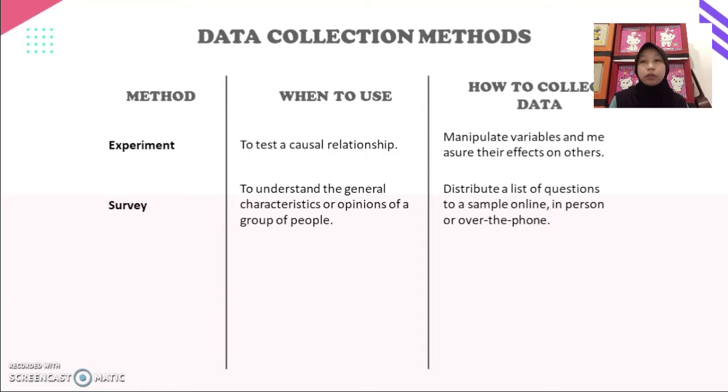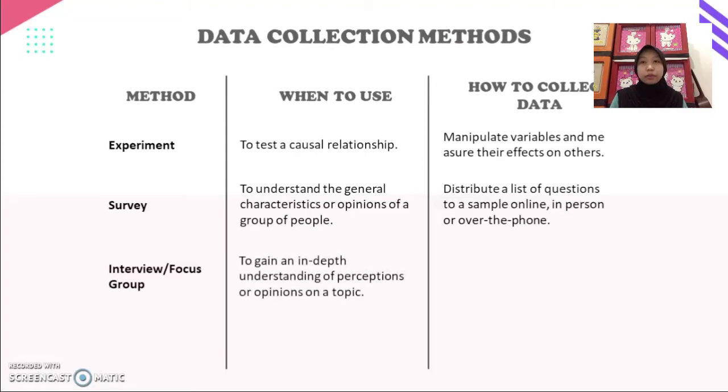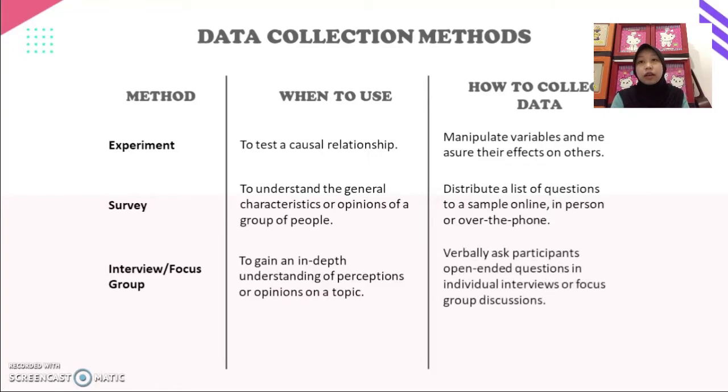Third, interview or focus group. We use it to gain an in-depth understanding of perceptions or opinions on a topic. How to use interviews is to verbally ask participants open-ended questions in individual interviews or focus group discussions.